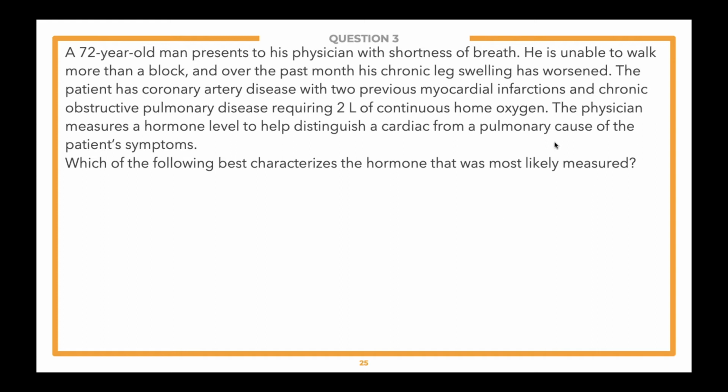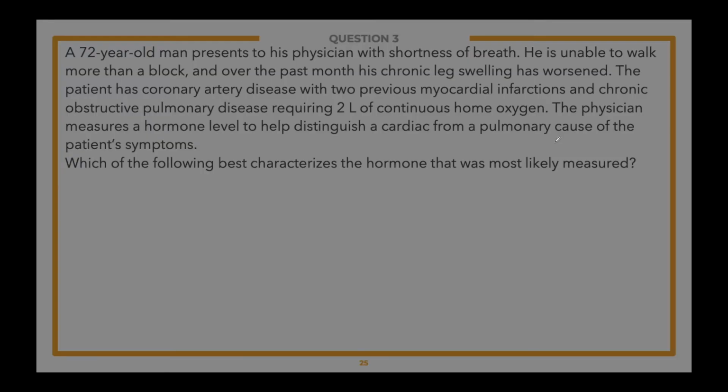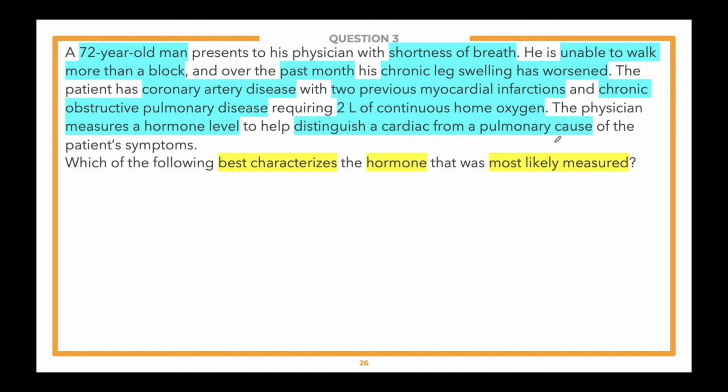Thank you, Sean. So once again, we're going to go ahead and show you what we think are the important clues in this vignette and the lead-in. So now we've got an elderly male, a 72-year-old man, and they tell us he's coming in because of shortness of breath, okay?